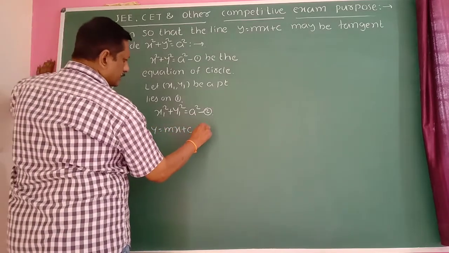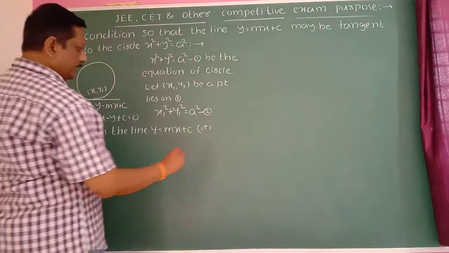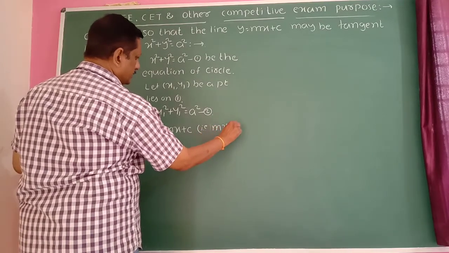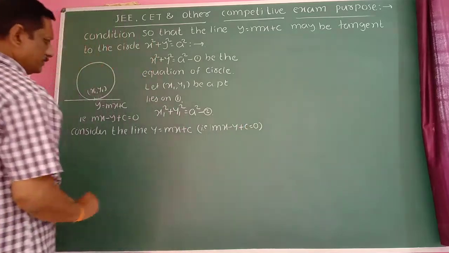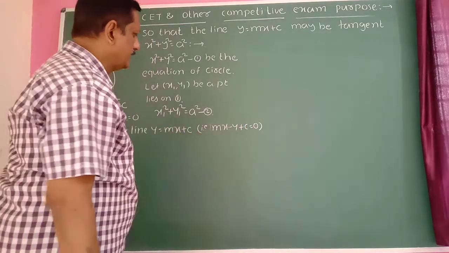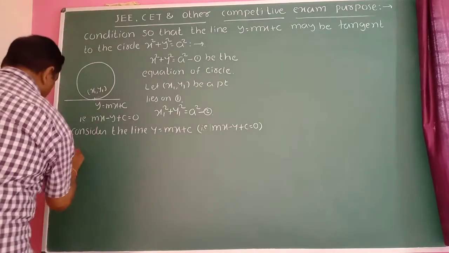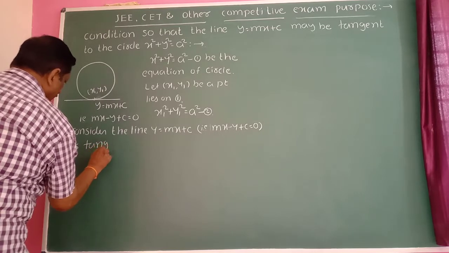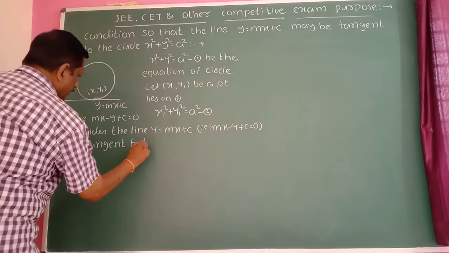The same line can be written in this form also: mx minus y plus c is equal to 0. The same equation can be written in this form also. Consider this line is tangent to the circle 1.